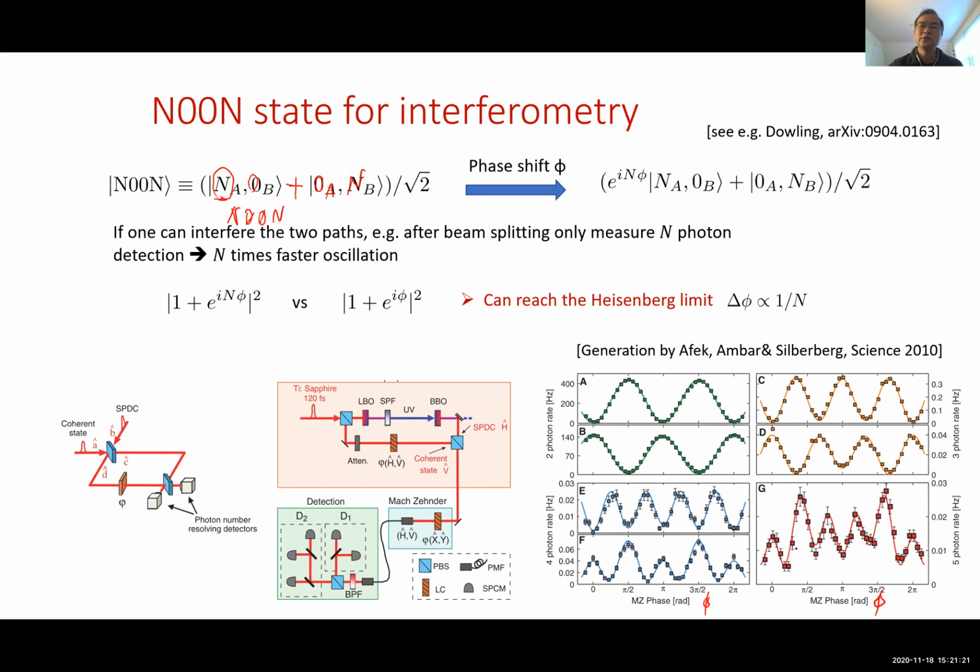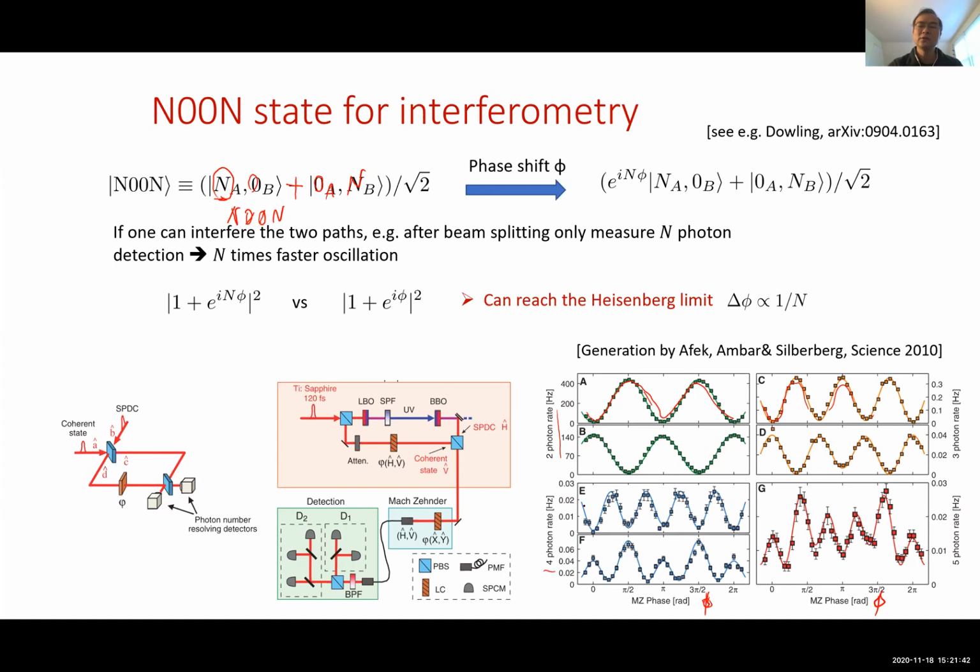If they change the phase and look at the detection, in the case of two photons this oscillates like that. In the case of three photons, it oscillates faster as a function of the phase.